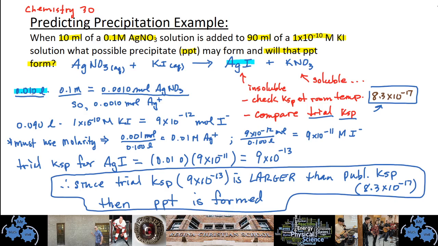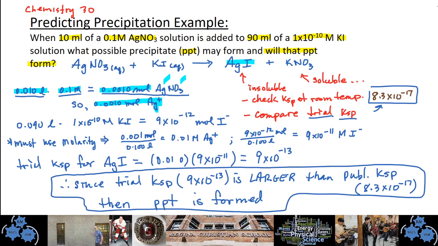So we have to have volume in liters and concentration in moles per liter. So we multiply those, and we get number of moles. So here's your number of moles, 0.001 moles. Now that's of AgNO3. Well, this dissociates in a 1-to-1 ratio, so that means that we're going to have the exact same number of moles of Ag+. Okay, that's our first step right there.